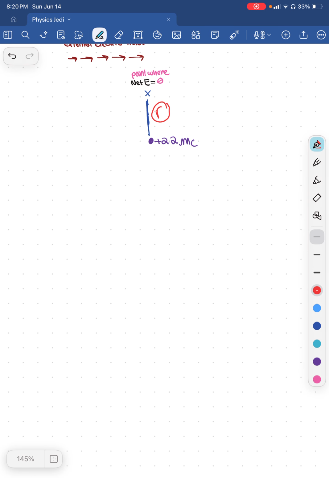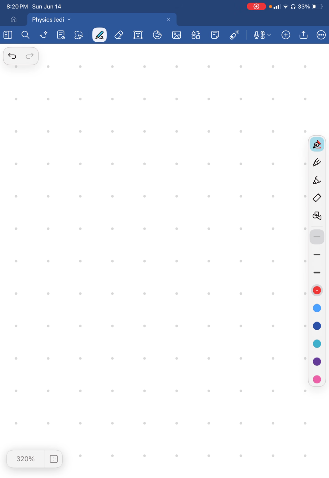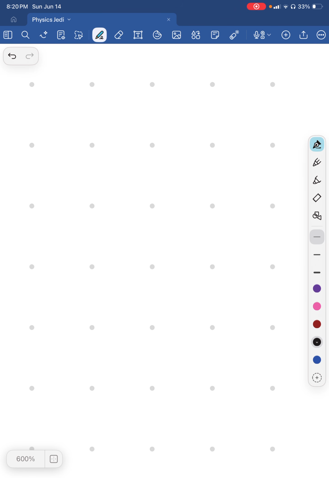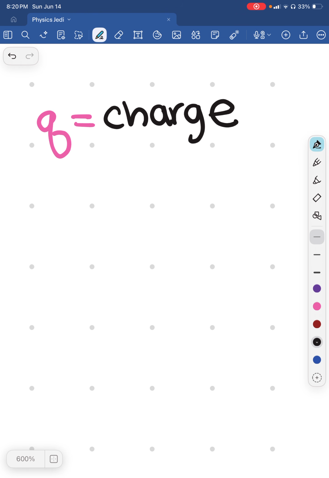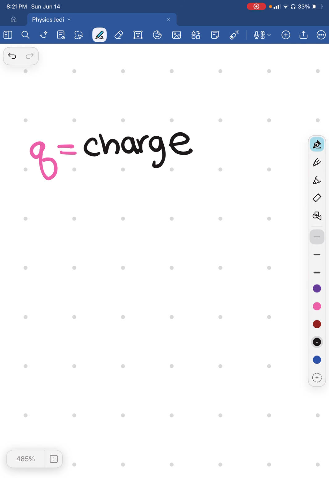Before we start solving our actual problem, we need to define our variables. Our variable q is going to represent charge. Charge is the property of matter that causes electric fields and forces.